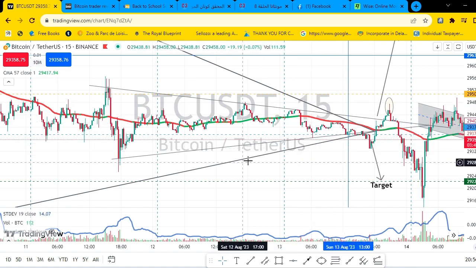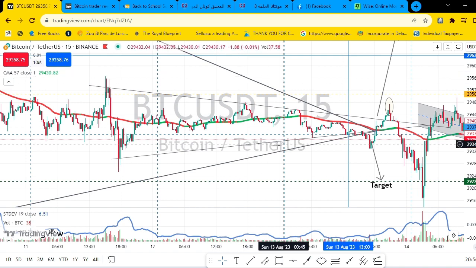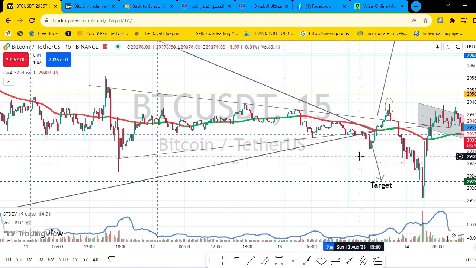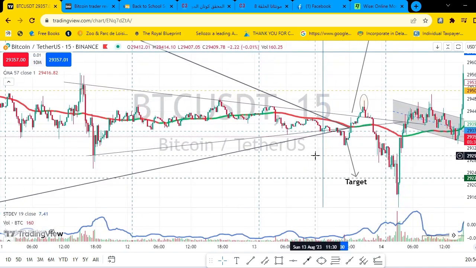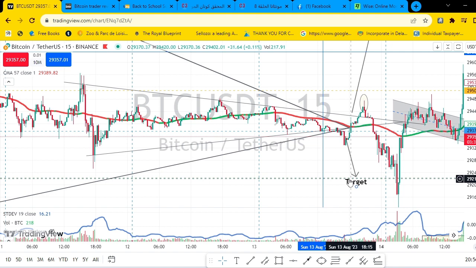Those are for the 1 hour chart, and these minor trend lines are for the 15-minute chart. So I said that if the price breaks out and goes down, that should certainly go down to this level at least.